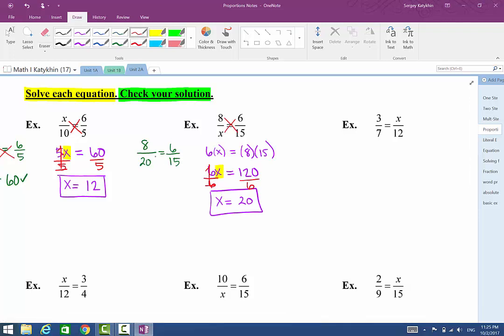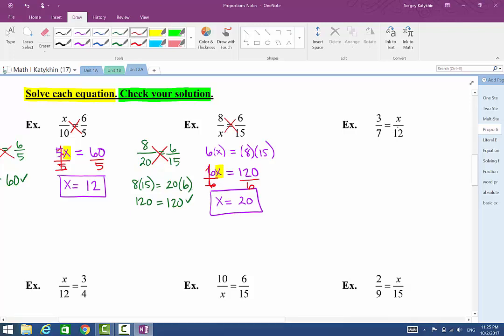Again, using cross multiplication, we would get 8 times 15 is equal to 20 times 6. 8 times 15, as we already said, is 120, and 20 times 6 is also 120. So there we go, they are equal, and the left side is equal to the right.